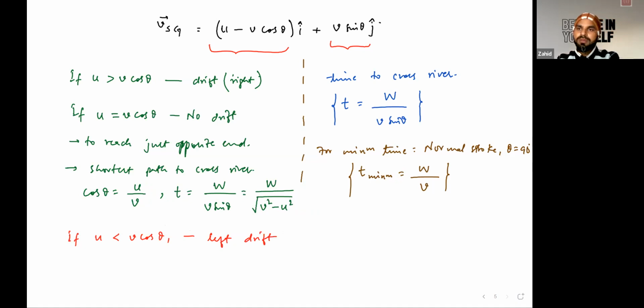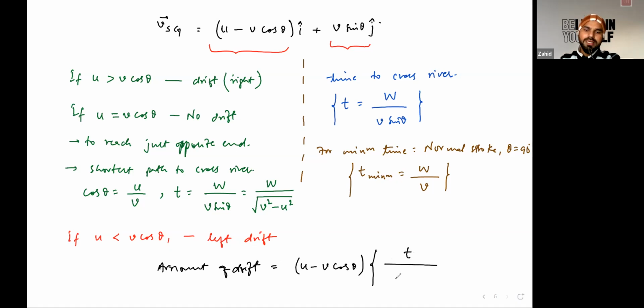Now, the next problem is to calculate the amount of drift. So drift is basically distance, and distance equals speed into time. Speed in that direction will be u minus v cos theta, and the total duration of time for which this whole thing is moving is just w by v sine theta.